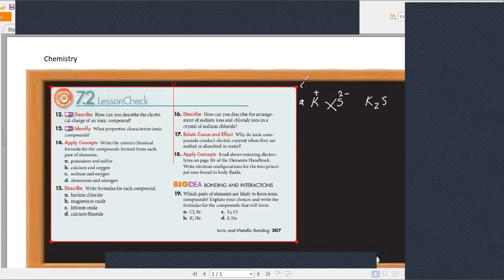Question 14. Can I answer B? Okay. So B, calcium and oxygen. We know that calcium has 2 valence electrons. It is an alkaline earth metal. So it's going to be a +2 cation for calcium, Ca.